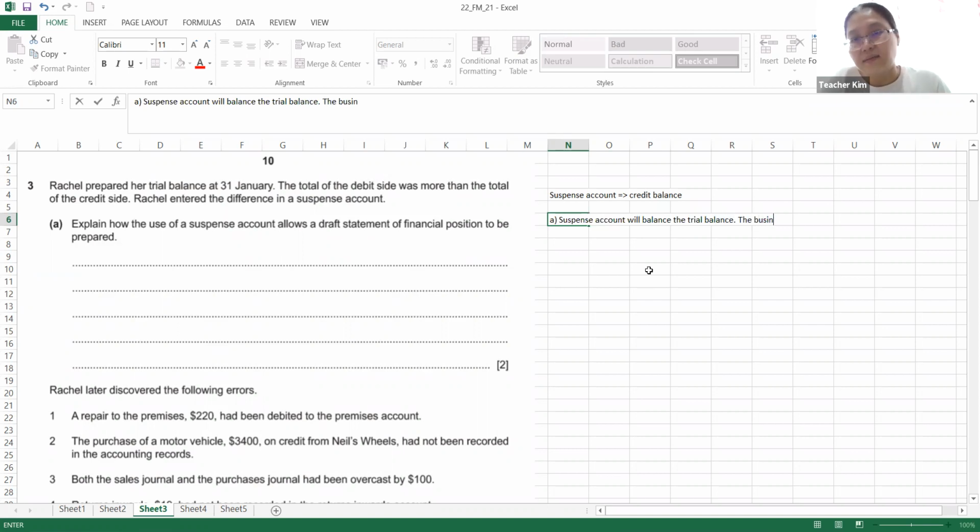The business can use the trial balance to proceed with financial statement preparation.